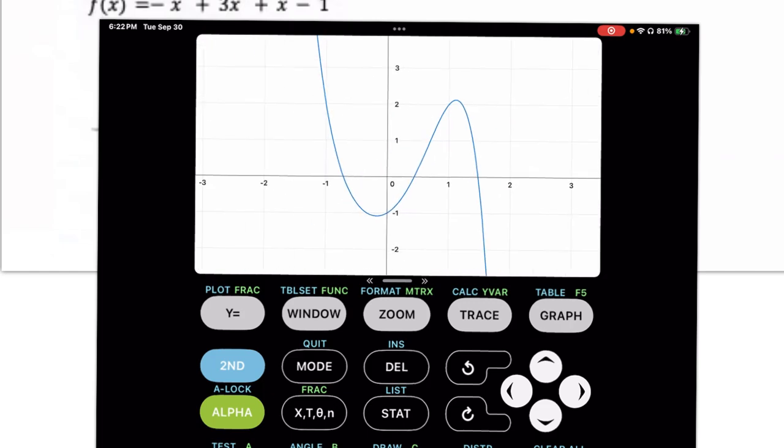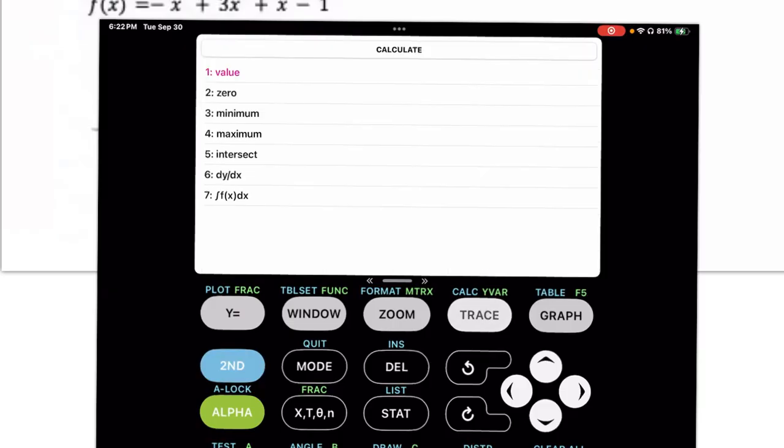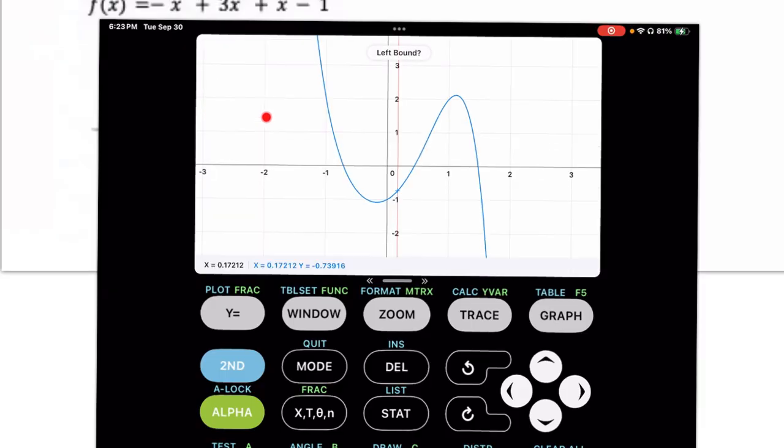So the question is how do you use a TI-84 to do that? Now, I'm using a TI-84 app, which might be a little bit different than a regular TI-84, but it's very similar. What I could say is you're going to want to go to second and then calc, and it's already saying, do you want to find a minimum? Well, yes, let's go to number three, which is a minimum. I'm going to press enter. It's now asking for the left bound. So for my student watching, you're probably going to have something like that.